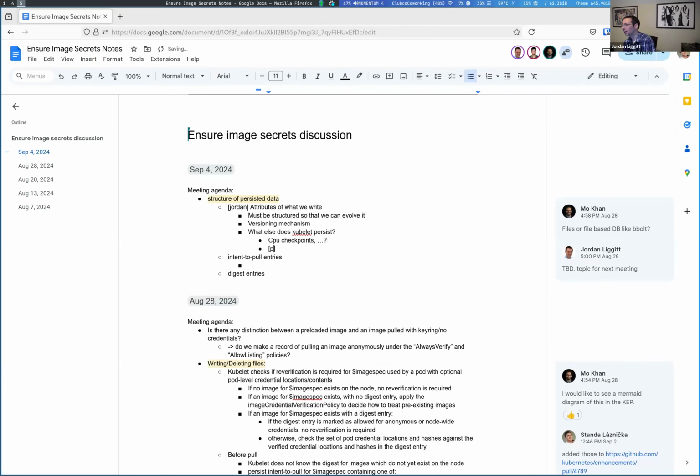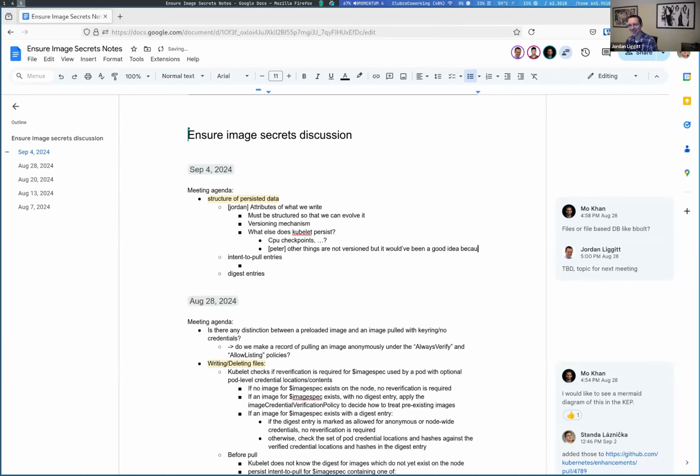Yeah, I recall those checkpoints sort of being like, oh, we didn't really think about them transitioning from one kubelet version to another version. I guess maybe just delete them when you upgrade. Exactly.